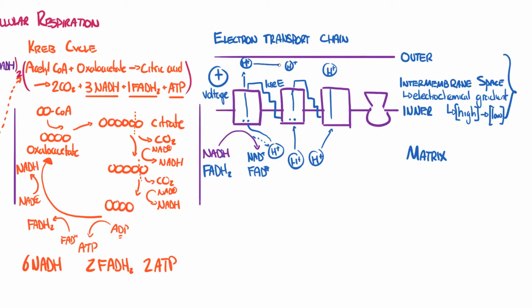So these hydrogen ions come back down through here, and back into the mitochondrial matrix. This last enzyme is going to be the same one that we talked about before. This is ATP synthase.